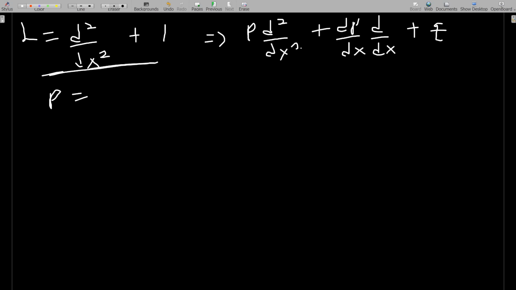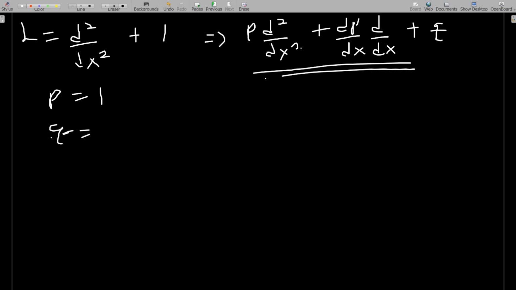This is the operator for the question, and this one is the general one. So you compare and write the coefficients for the particular question. With this question, p is equal to 1, dp ds is 0, so I don't write it, and q is also equal to 1. And the most important thing here is our p. So p is what we need, because that is what is used in the last point.